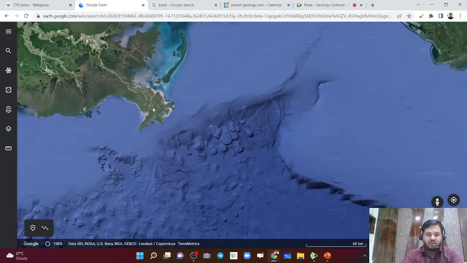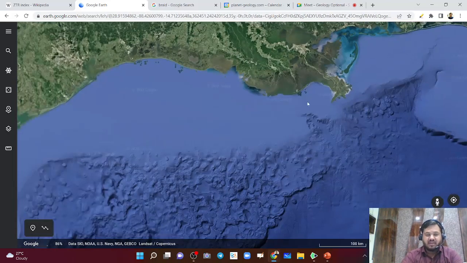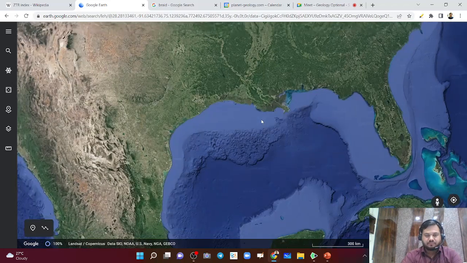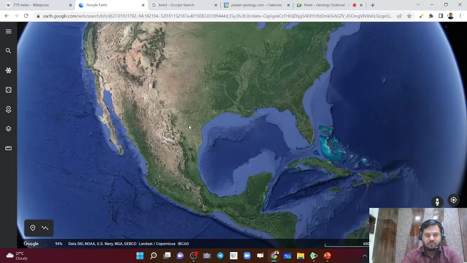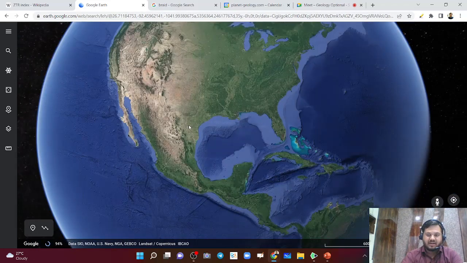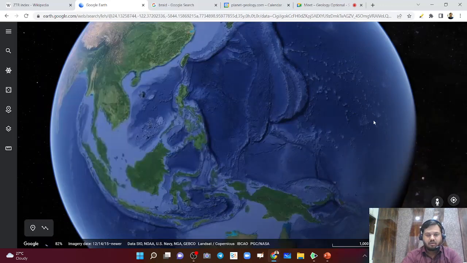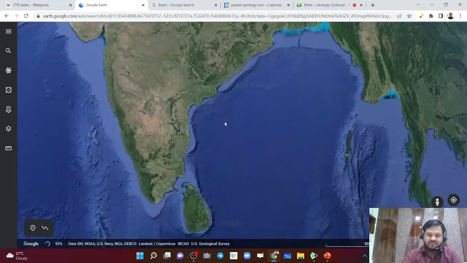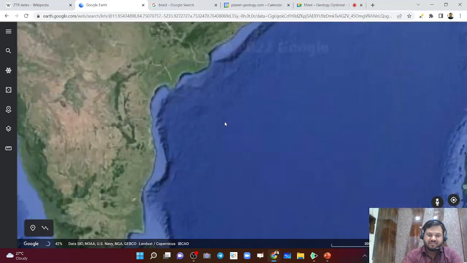The one which we were talking about, Krishna Godavari, is basically a wave dominated delta. Because of the dominance of waves, what do waves do?